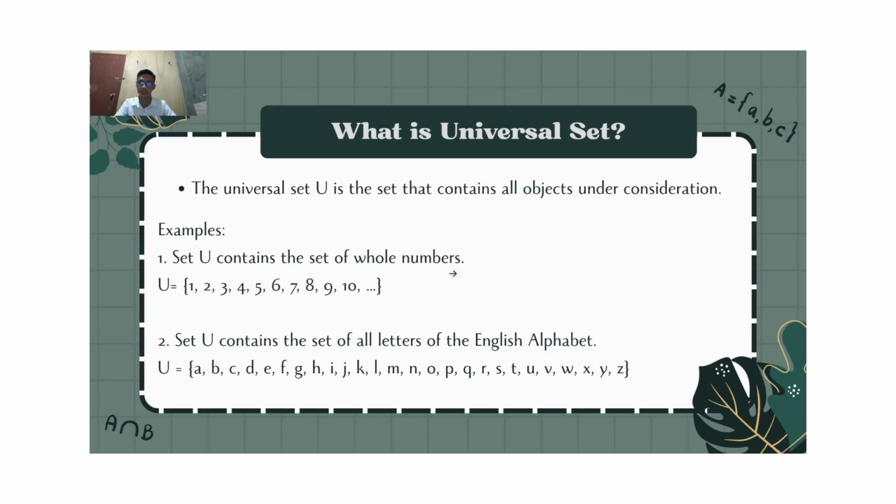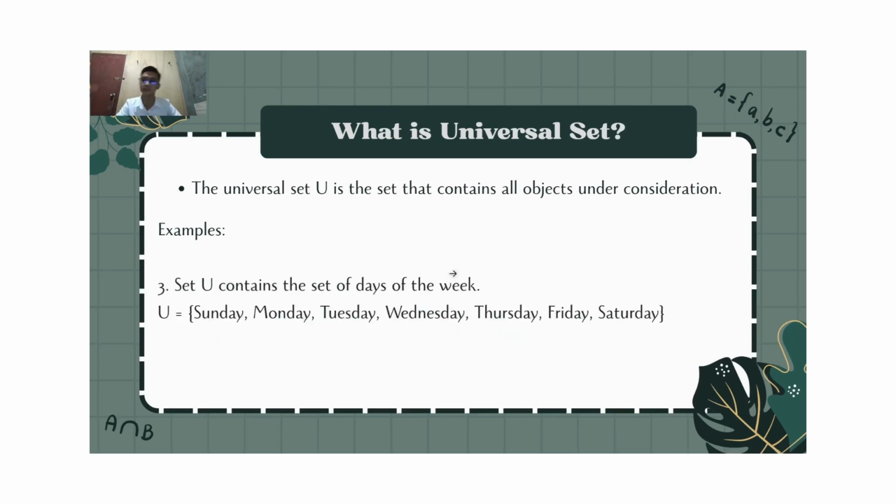The second one: the set U contains the set of all letters of the English alphabet. Based on the definition, the set contains all objects under consideration. That is a universal set. So we have A to Z. On the next slide, example number three: set U contains the set of days of the week.